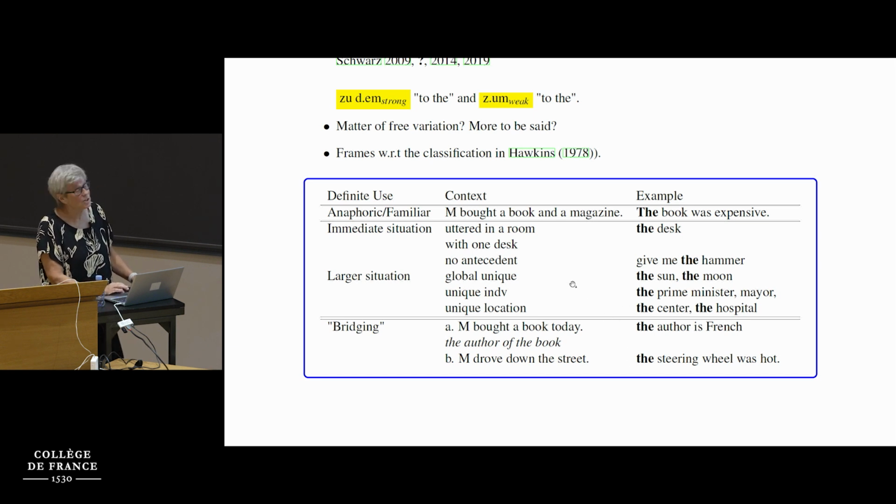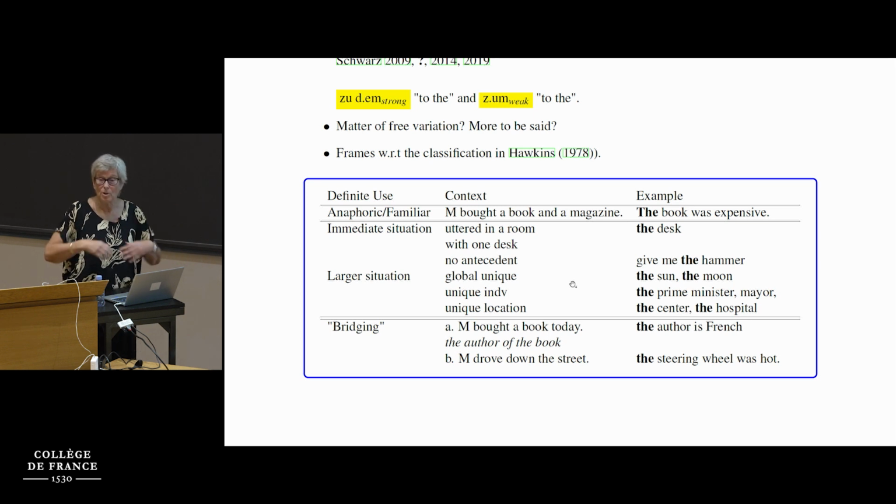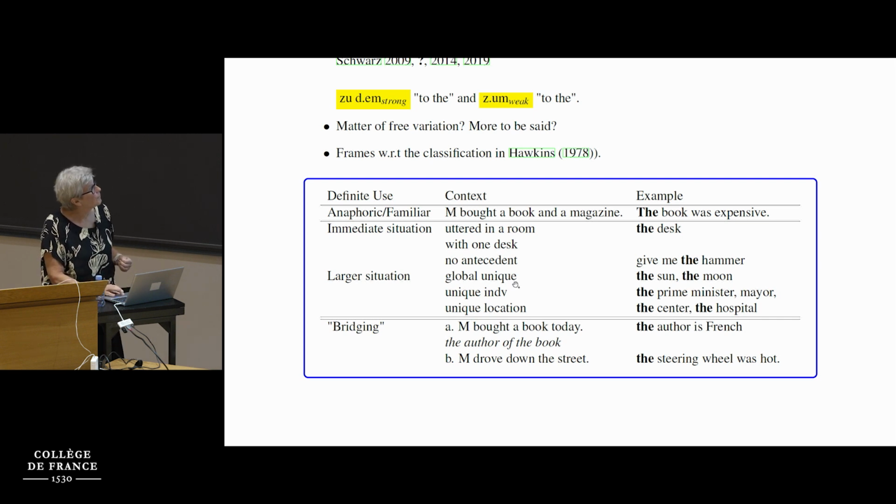Then you have larger situations, where it's not just that the speaker and hearer can see or locate the elements, but where world knowledge would help you. So for example, you have global uniques, like the sun, the moon, the sky.